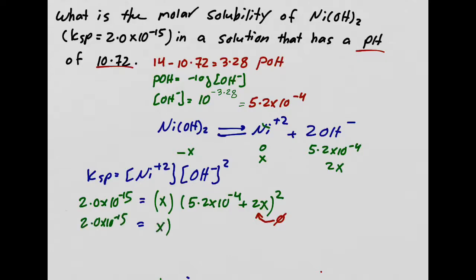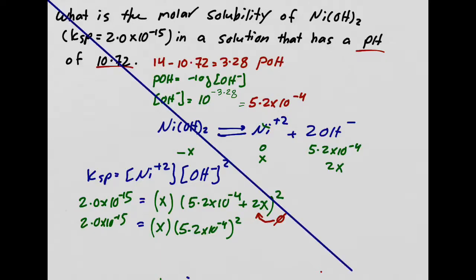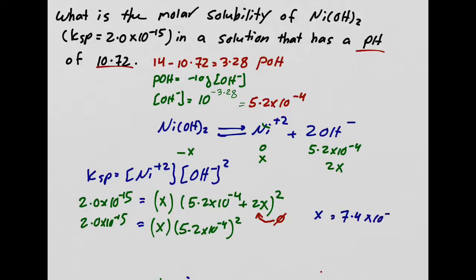This is x, so that's going to be 0, but don't forget 5.2 times 10 to the minus 4 has to be squared, right? Don't forget that. So what I end up getting for x is 7.4 times 10 to the minus 9, which is the molar solubility of nickel hydroxide.